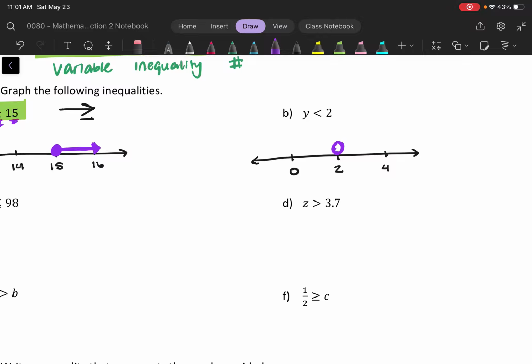I notice my inequality says that my number has to be less than 2. Well, 0 is a number less than 2, so that arrow has to be traveling in that direction. I can confirm, because my inequality is written in standard form, that inequality symbol will match the direction of my arrow.